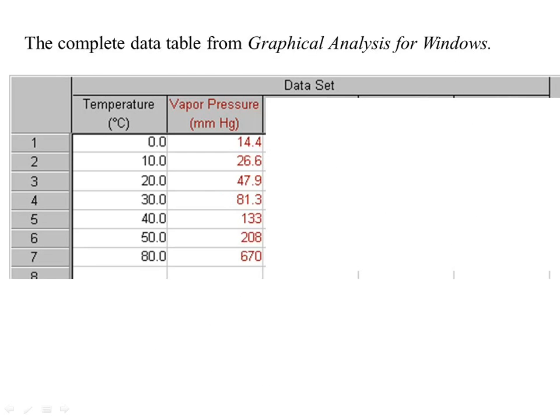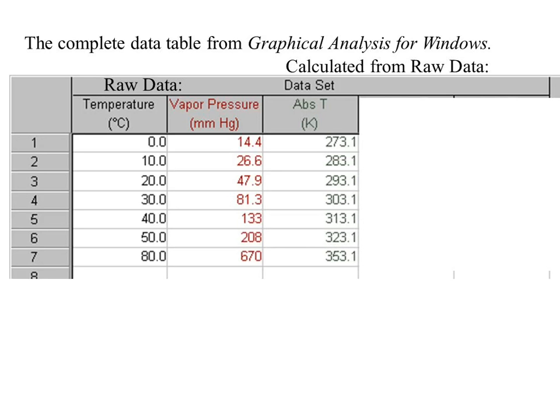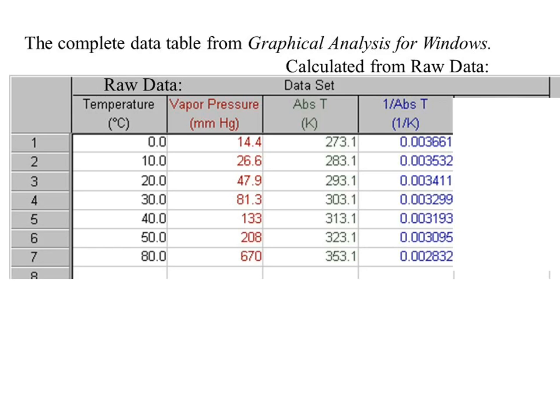So getting ready to manipulate those 7 points into something that we can plot for our Clausius-Clapeyron plot. The raw data is temperature and vapor pressure. Temperature's in Celsius degrees. So let's fix the temperature first. We can have Logger Pro add 273.15 to get it to Kelvin. And then we can have Logger Pro take 1 divided by that new column.